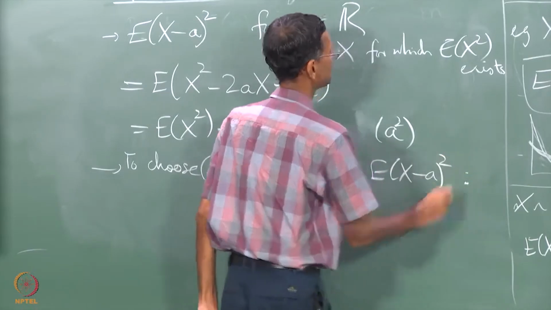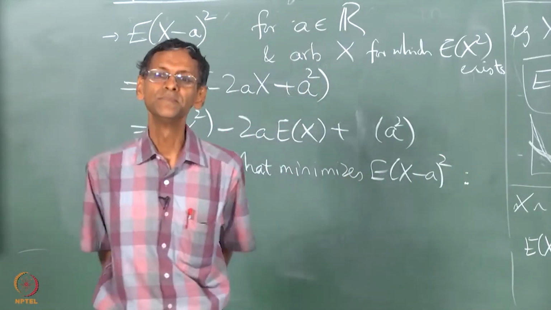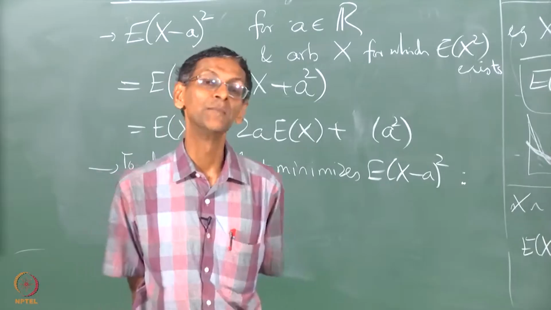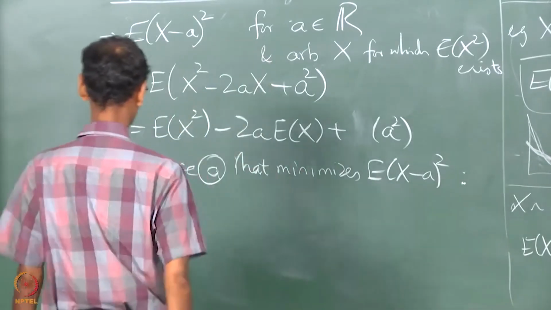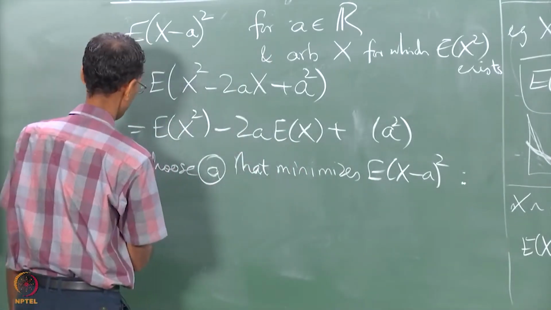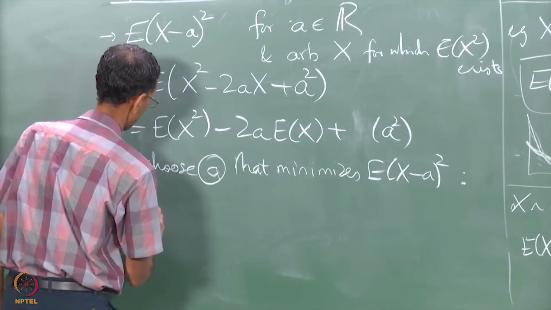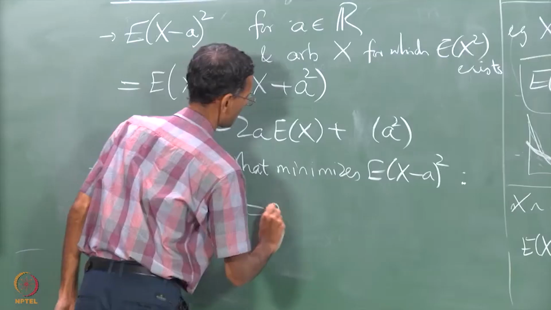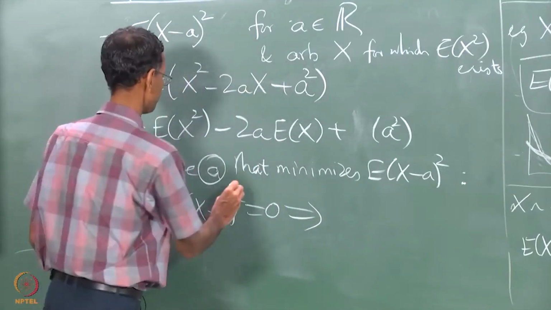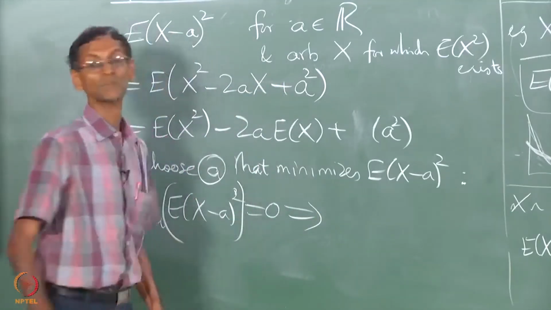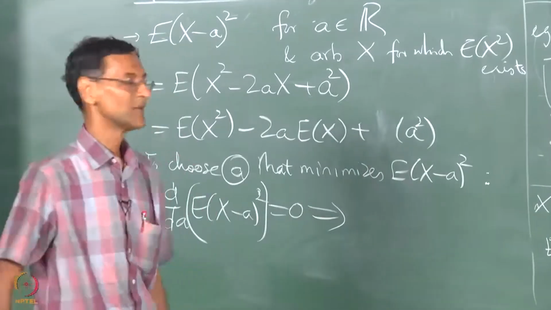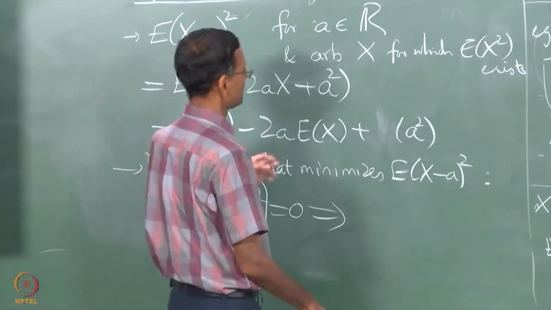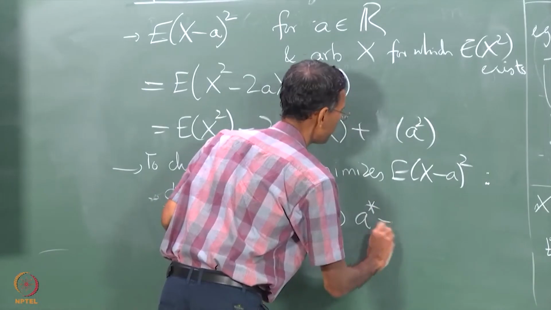What do we do? You differentiate with respect to a, very simple. So, this implies what? So, we get a star.